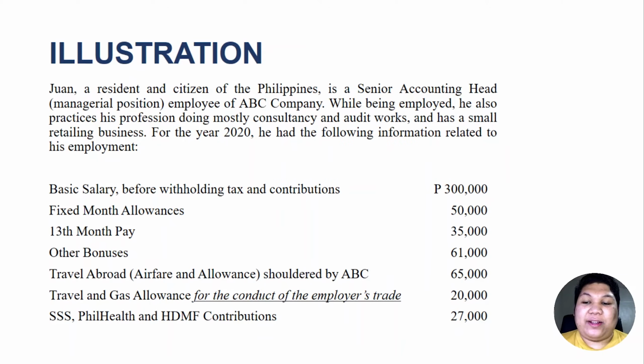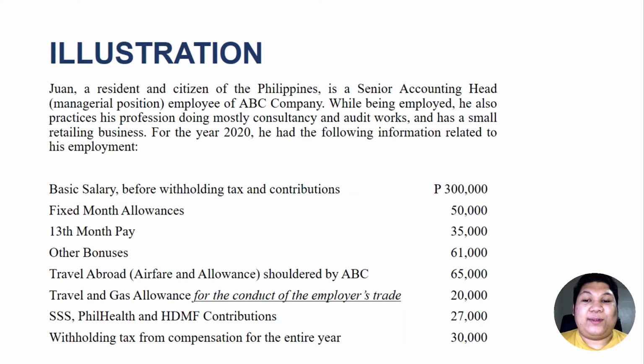Contributions to Social Security System, PhilHealth, and HDMF or Pag-ibig are 27,000, and withholding taxes from compensation for the entire year are 30,000 pesos. These are just the information of Juan from his employment.